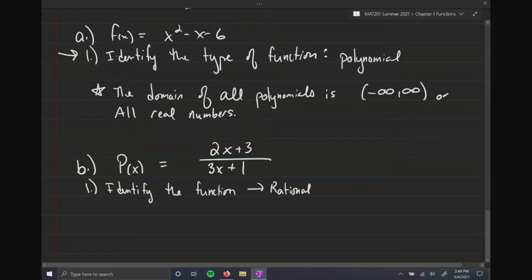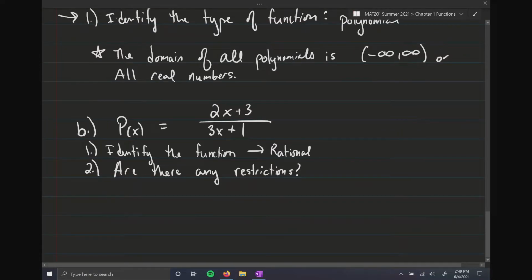And the one thing that I know, and this is step 2, is once you identify the type of function, you need to ask yourself, are there any restrictions? Okay, that's going to be step 2. And the answer to this question is, well, since you have a rational expression or a rational function, the answer is absolutely.